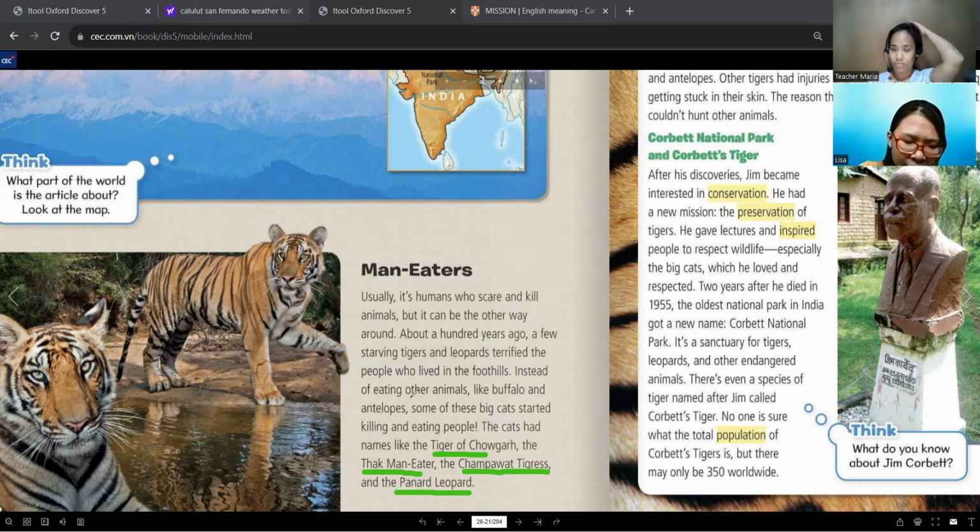Before, the tigers ate animals, and then they stopped. What do they eat now? They started eating people. Yes, they started killing and eating people.